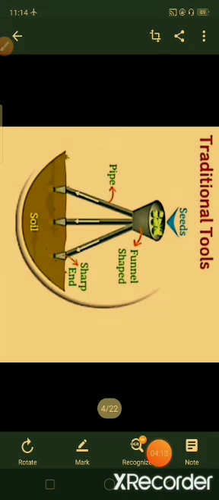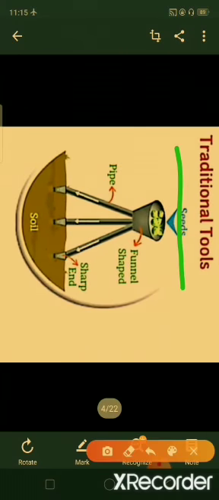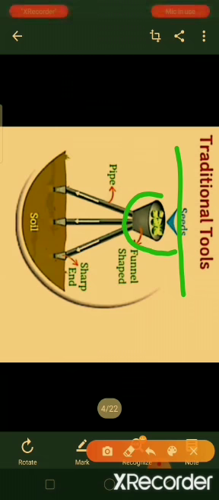So we have seen that good quality seeds are of great importance. For sowing, traditional tools are also there. These traditional tools are shown in the figure given here. It is a funnel-shaped structure provided with 2 or 3 pipes.